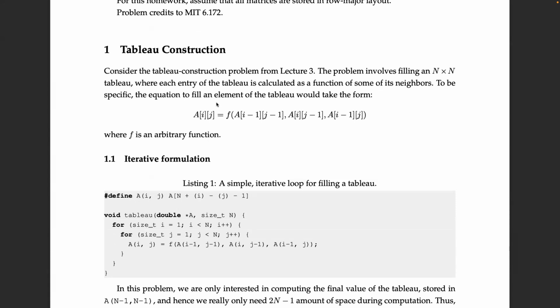So A[i][j] depends on some combination of the up-left neighbor, which is [i-1][j-1], the left neighbor, which is [i][j-1], and the up neighbor, which is [i-1][j], if you imagine it's a 2D grid. This is how you compute edit distance, for example. The simplest way to compute this is through a double for loop, i up to n, j up to n, and you just fill in the 2D table.